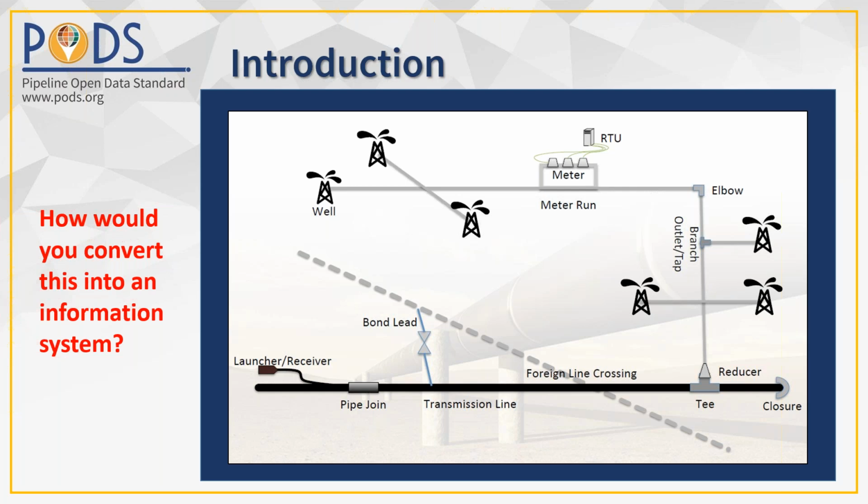So that's a pretty tall order for an information system. But PODS, and as you'll see in a few minutes as we look at some of these other versions, is just meant for this. It's ideally suited to this complexity and wide geographic existence of pipeline infrastructure.